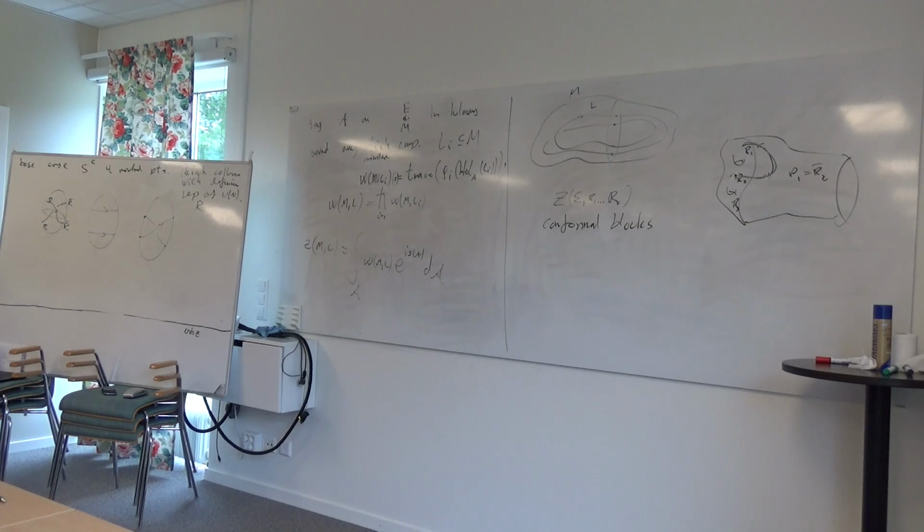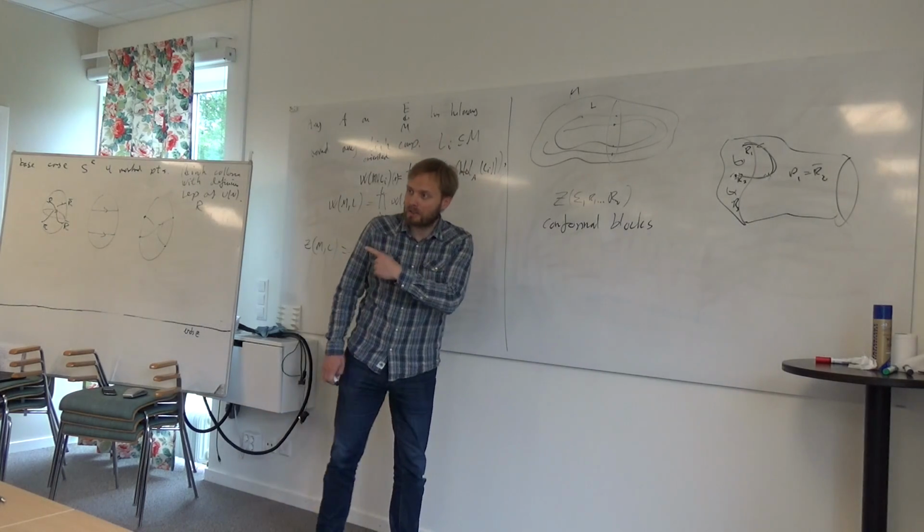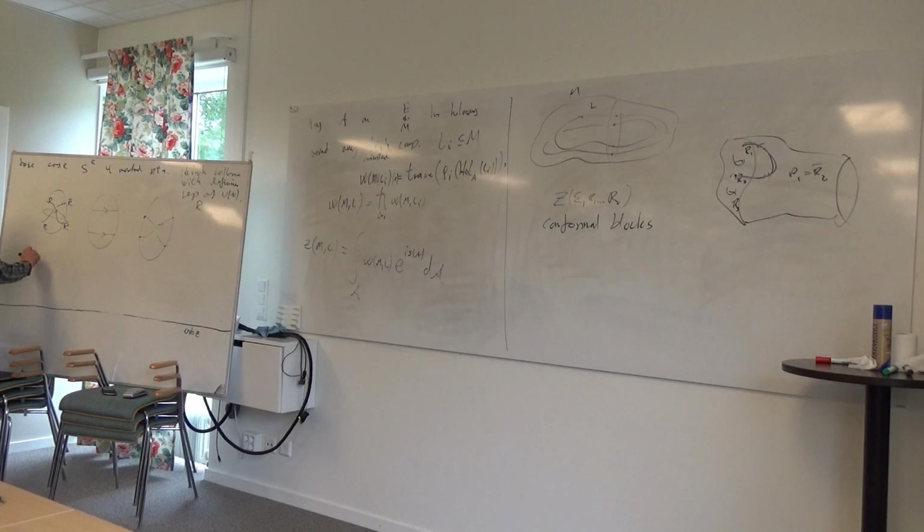Now, it happens that when you write down these conformal blocks, especially for S2 with 4 marked points like this, the dimension of the Hilbert space of S2 with marked points R, R bar is 2. This has to do with representations.